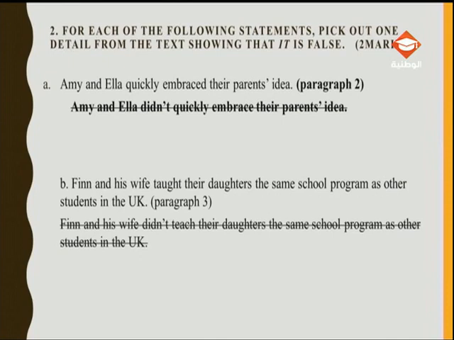In fact, earlier we said that you must not turn the sentence into the negative or affirmative form. This is what we meant. So it's incorrect to say Amy and Ella didn't quickly embrace their parents' idea. I have to go back to paragraph 2.